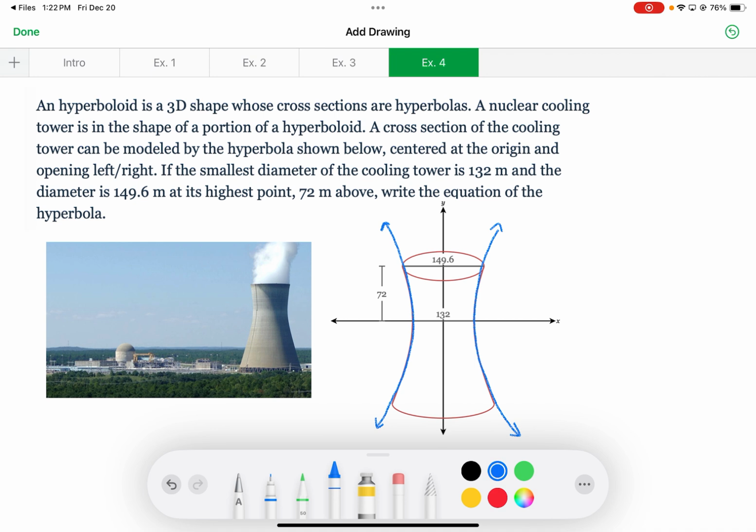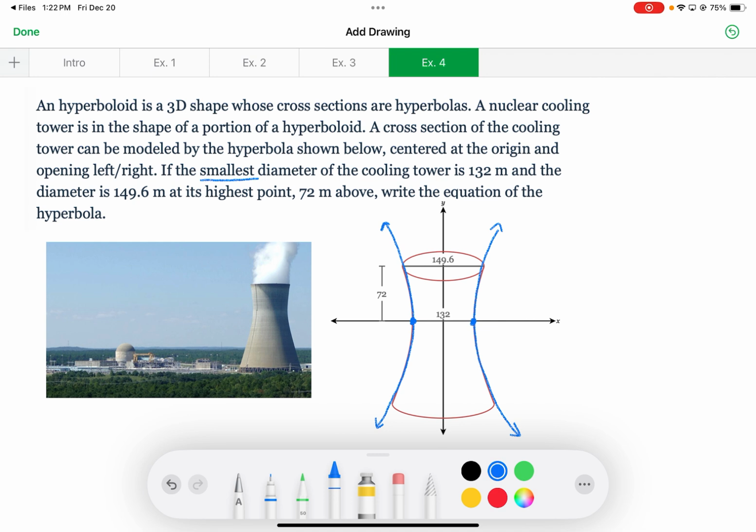Okay, now they tell us the smallest diameter of the cooling tower is 132 meters. So being that it's the smallest diameter, that tells us that 132 is the length of the transverse axis, or the distance between the two vertices, right? Okay.